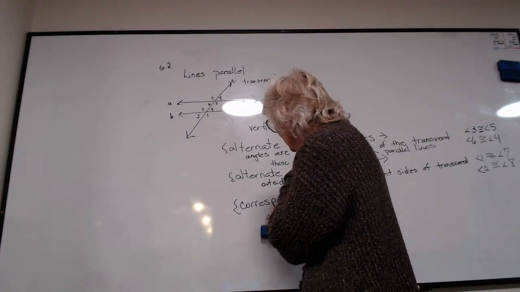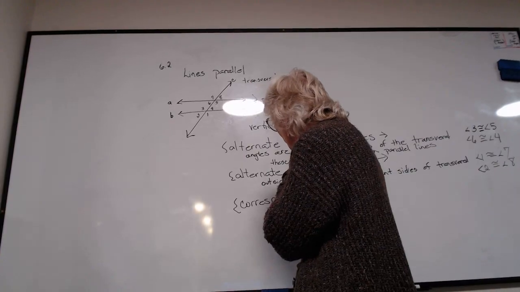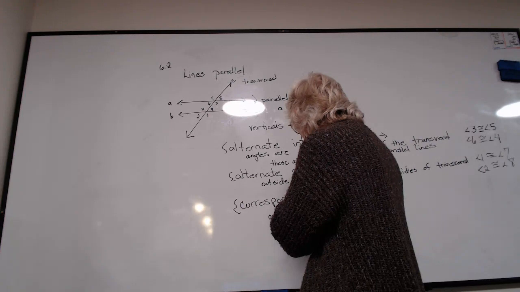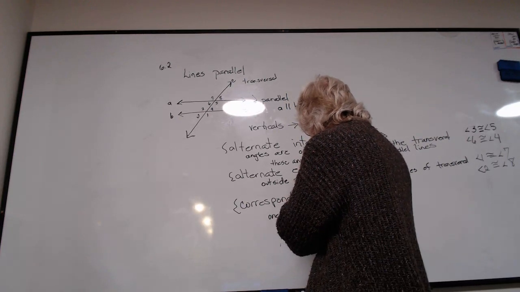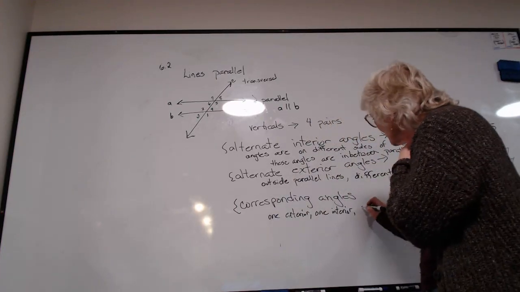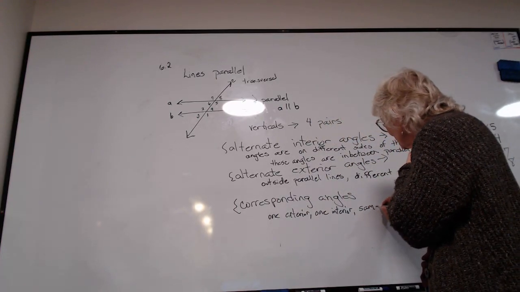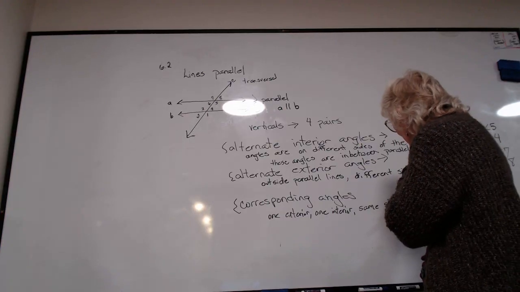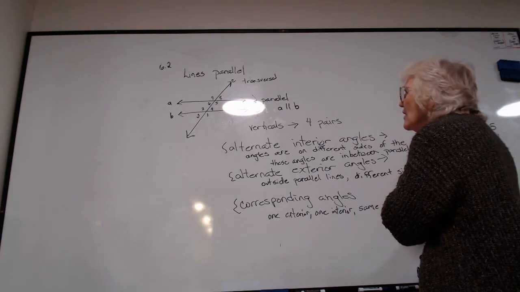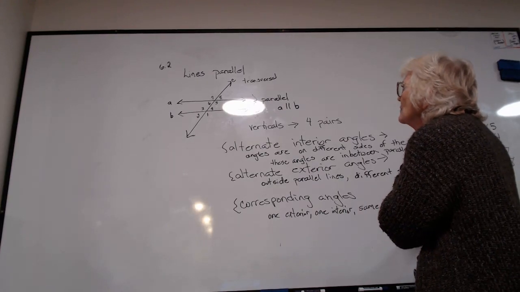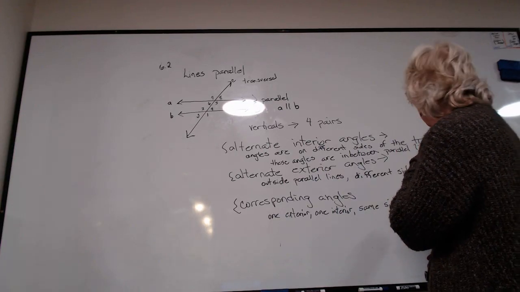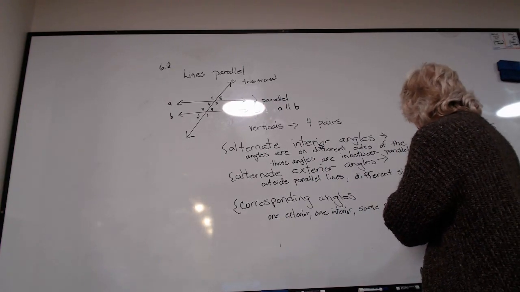One exterior, one interior, and same side of the transversal. So like 1 and 4? But that won't work. Because 1 and 6, they're both on the transversal.